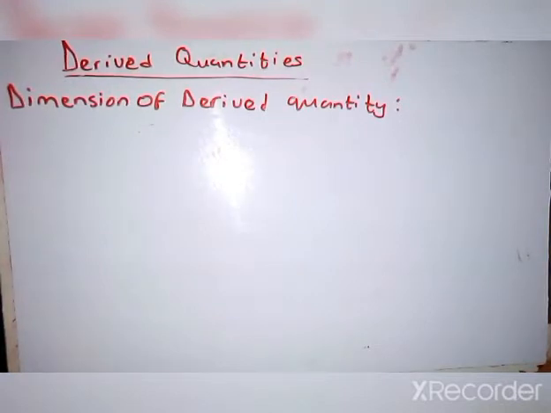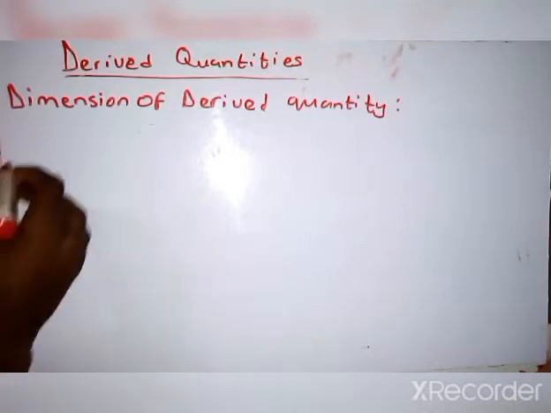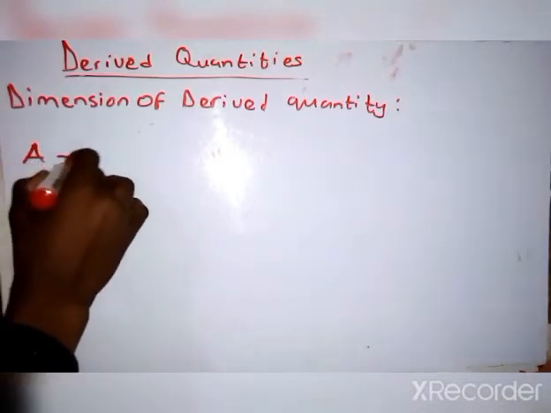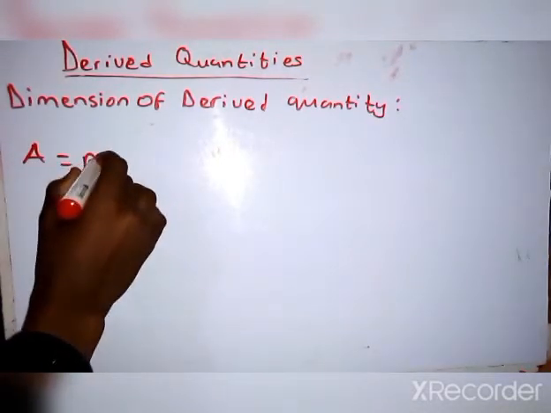Dimension of derived quantities. If a quantity can be measured in length, mass, or time, the quantity can have dimension. Let's say area is measured in meter square.